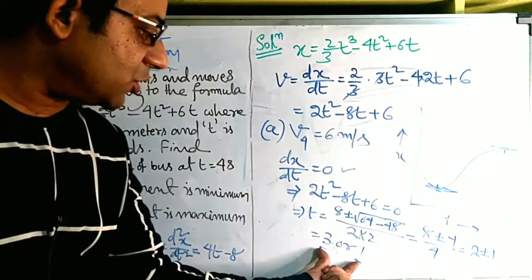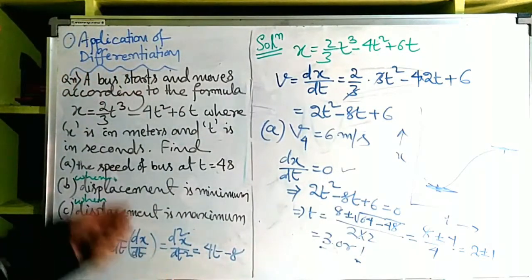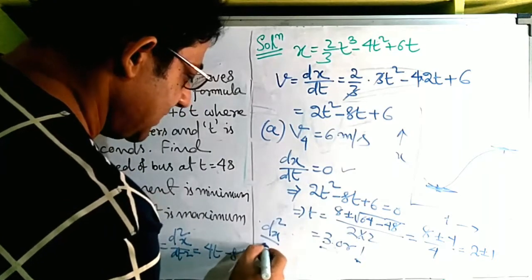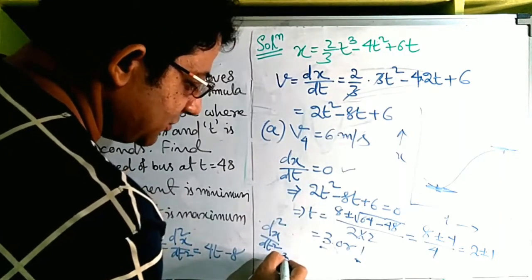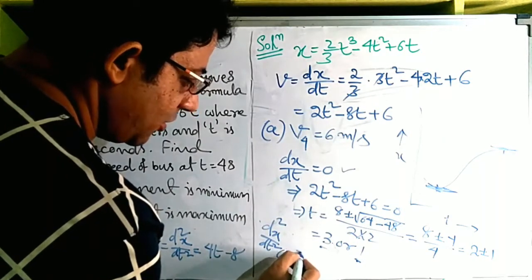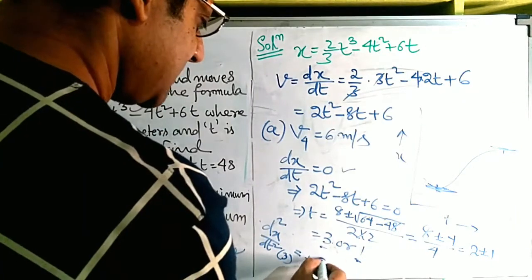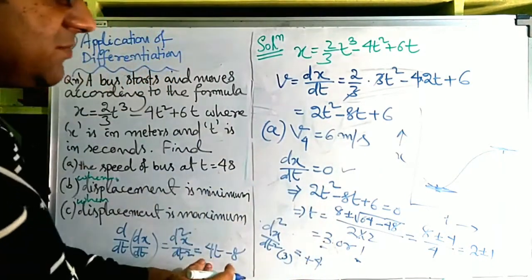Both the values you got, those times, you put in d square x by dt square. So if you put the value 3 in d square x by dt square, how much is it coming? It is coming plus 4, right? Is it visible here?